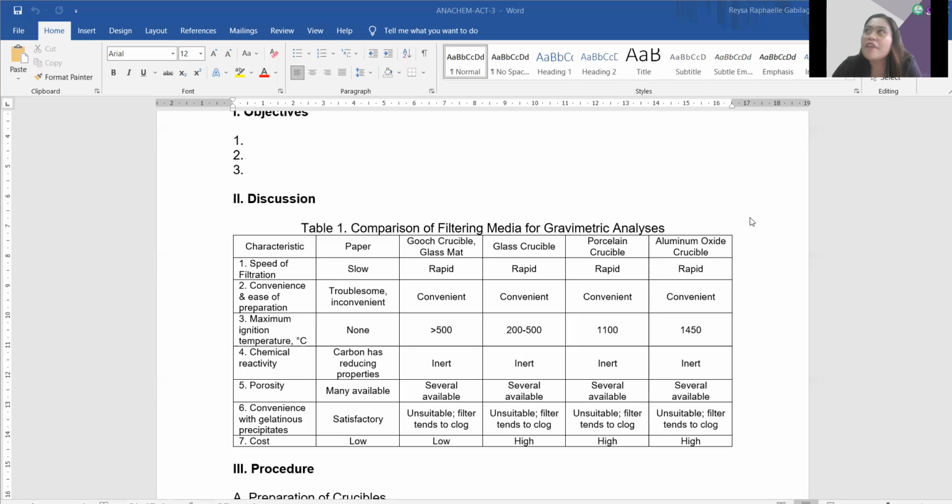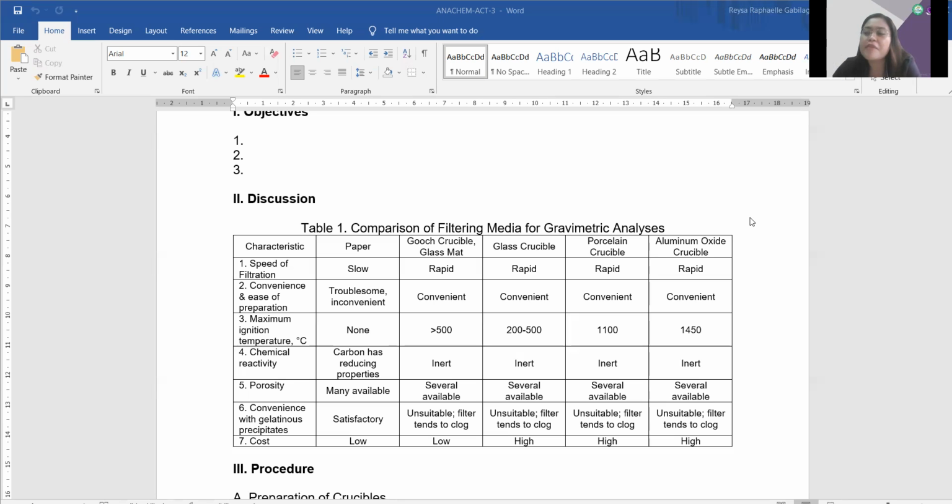Okay? However, the disadvantage of using these crucibles is that this cannot be used for gelatinous material, kasi the gel-like material will be clogged into the pores of the crucibles.